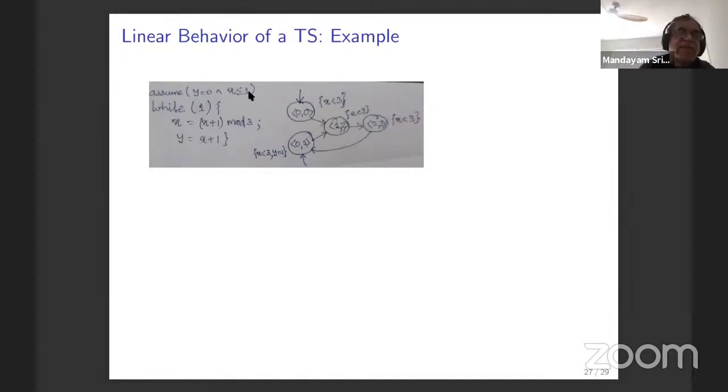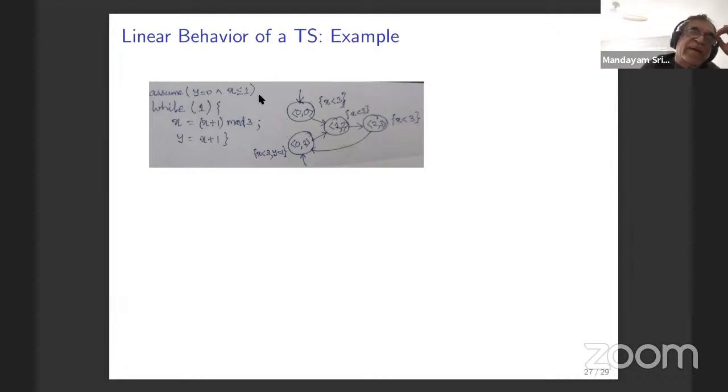In an actual programming language, you could start from an uninitialized state, which usually you won't do. I just wanted to capture the fact that I'm allowing the program to start not in an arbitrary state, but in any one of the states that satisfy this condition.